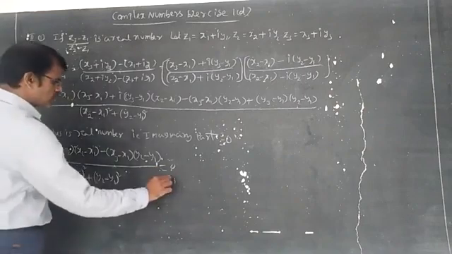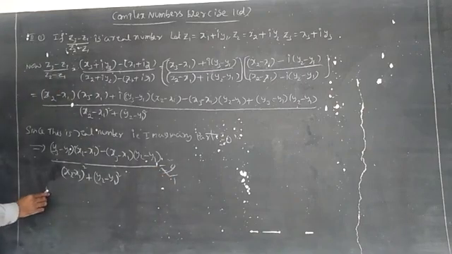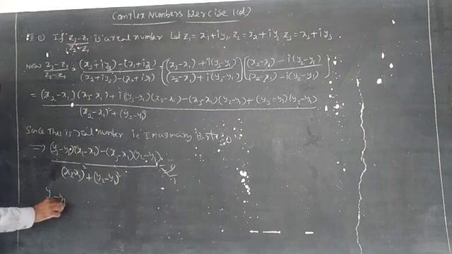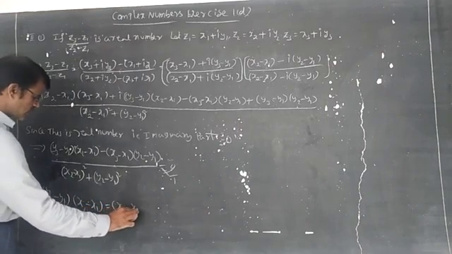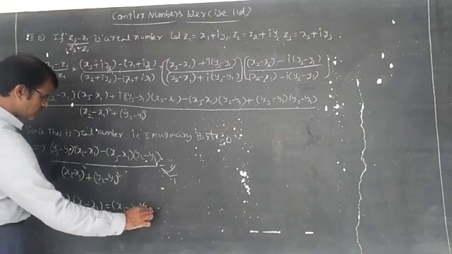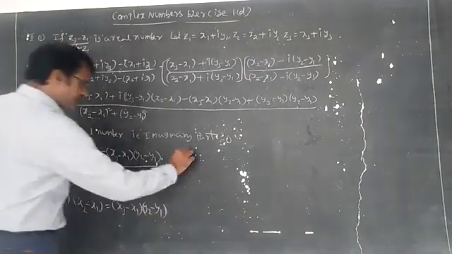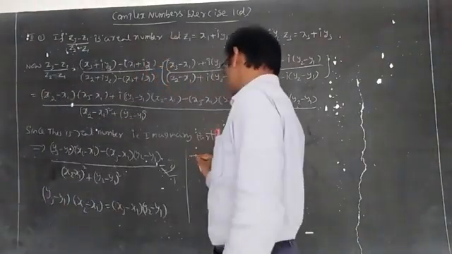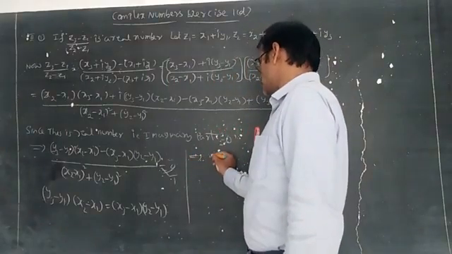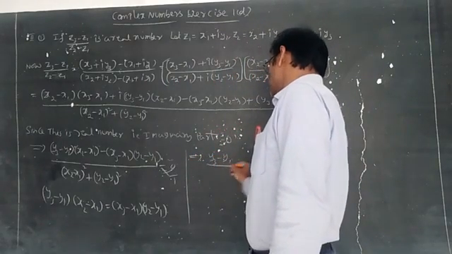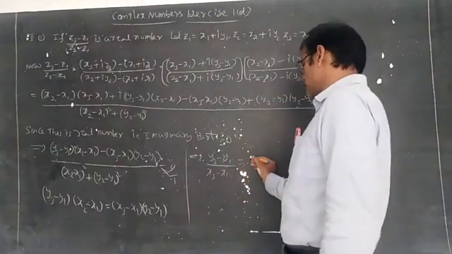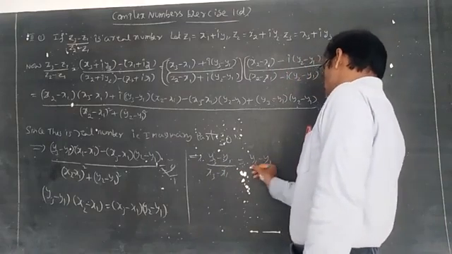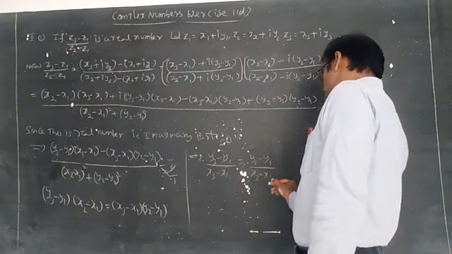So by cross multiplication we get (Y3 minus Y1) into (X2 minus X1) is equal to (X3 minus X1) into (Y2 minus Y1). That implies you can write here (Y3 minus Y1) by (X3 minus X1) is equal to (Y2 minus Y1) by (X2 minus X1).